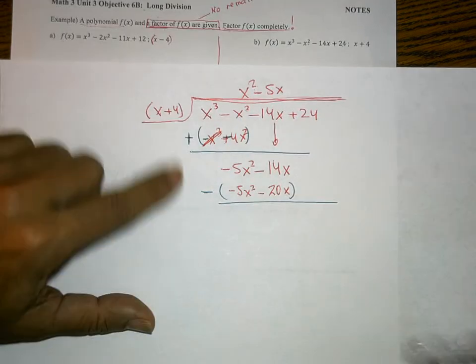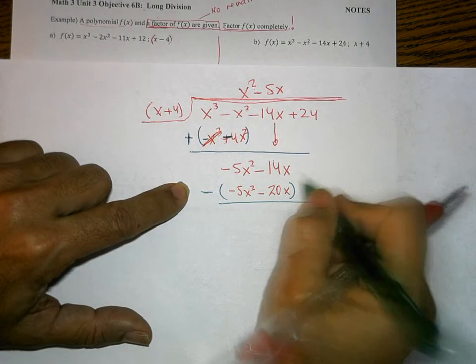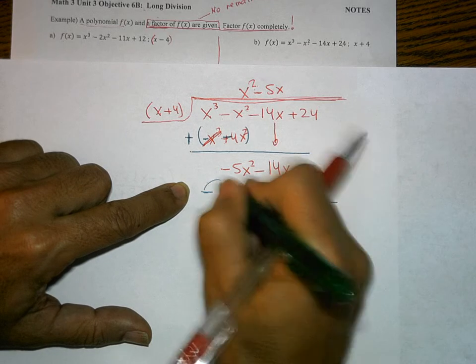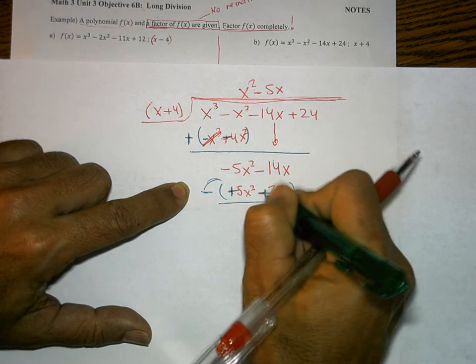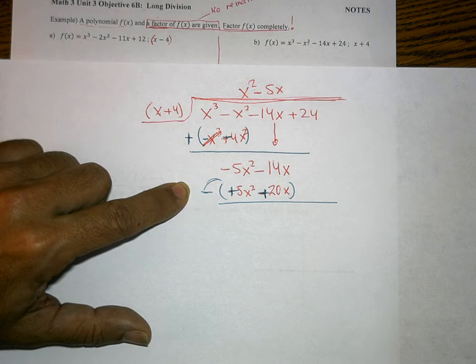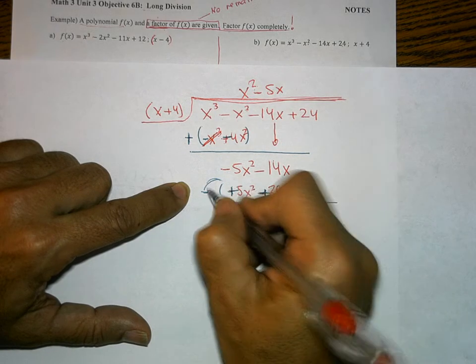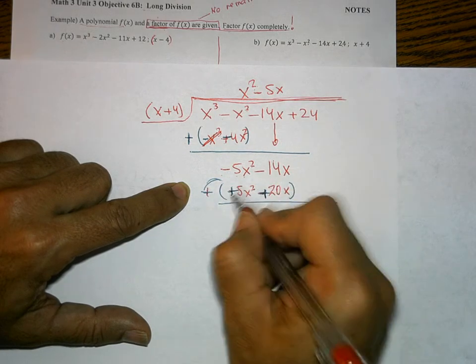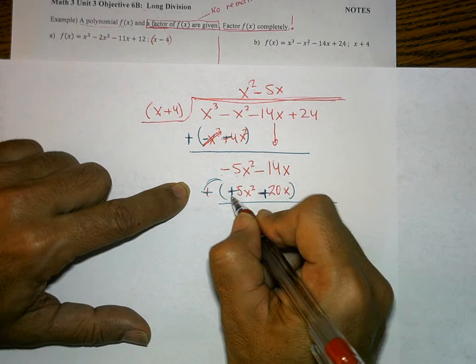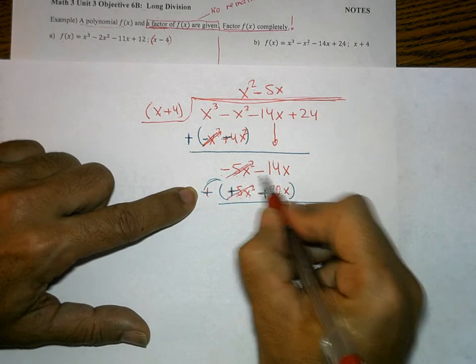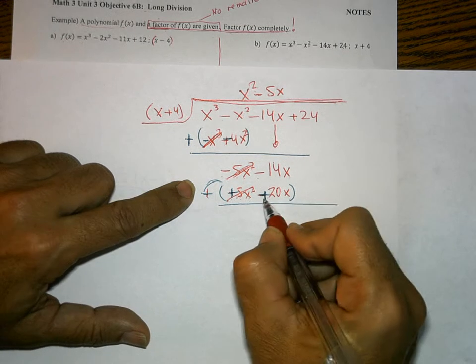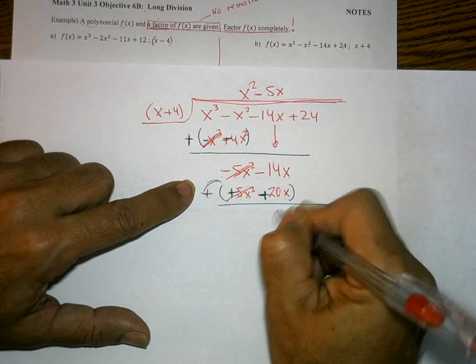All right, distribute the negative. If you don't distribute, things are going to become complicated. Okay, distribute the negative. This is going to become plus, and this is also going to become a plus 20. That works perfectly because I'll be adding a negative 5x squared plus a positive 5x squared. They're gone. They're opposites. Negative 14x plus positive 20x is a positive 6x.